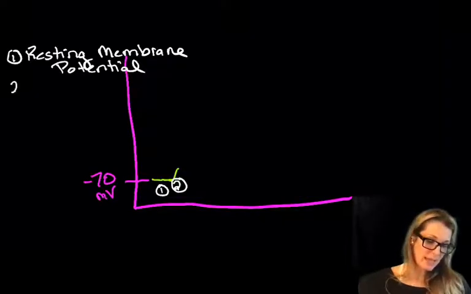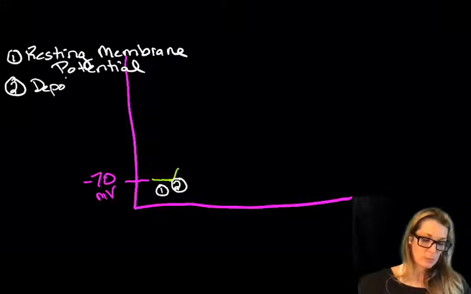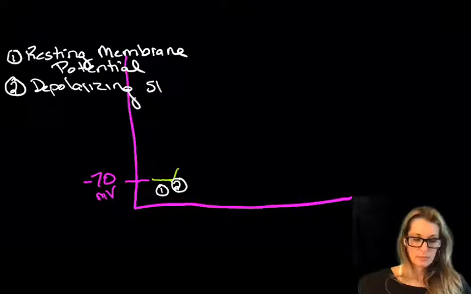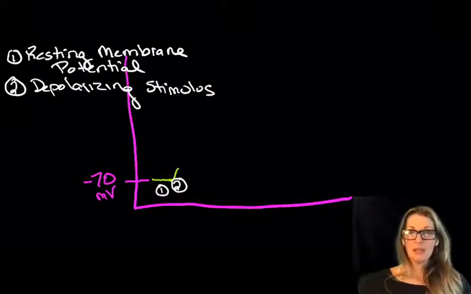The thing that happens at number 2 is a depolarizing stimulus, a stimulus that is going to cause the membrane potential to go more positive.